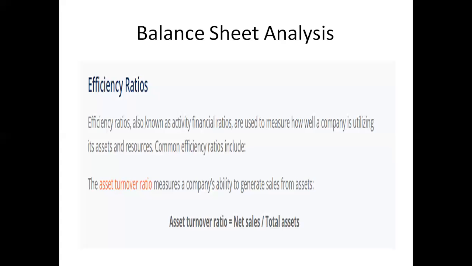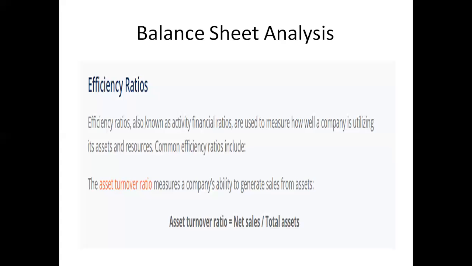Total assets includes fixed assets, capital assets, and even current assets, whatever assets and resources it has, and what the sales are in comparison to that. The higher the ratio, the better.